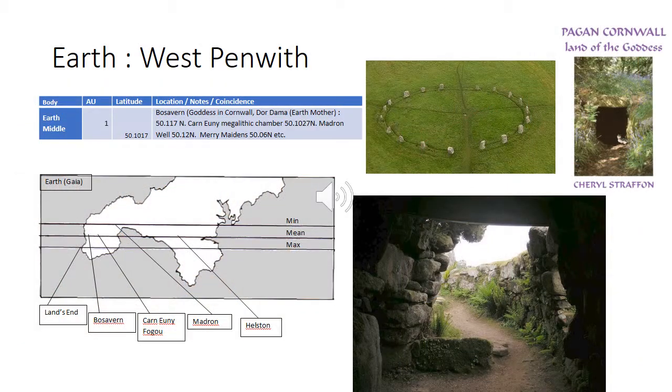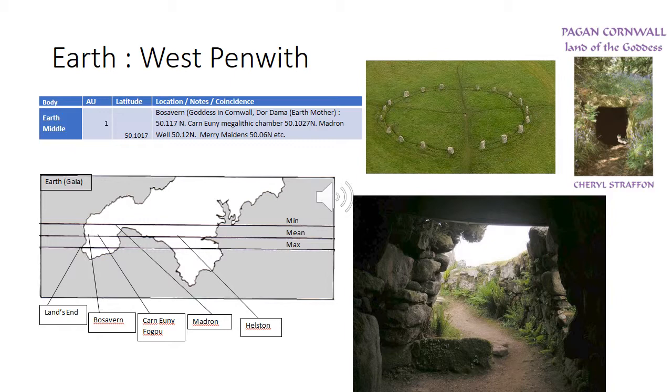Coming to the Earth latitudes, inner, middle and outer, these go through West Penwith, the far western tip of Cornwall, and this is a region which has specifically been identified as the landscape of the Earth goddess by New Age groups.